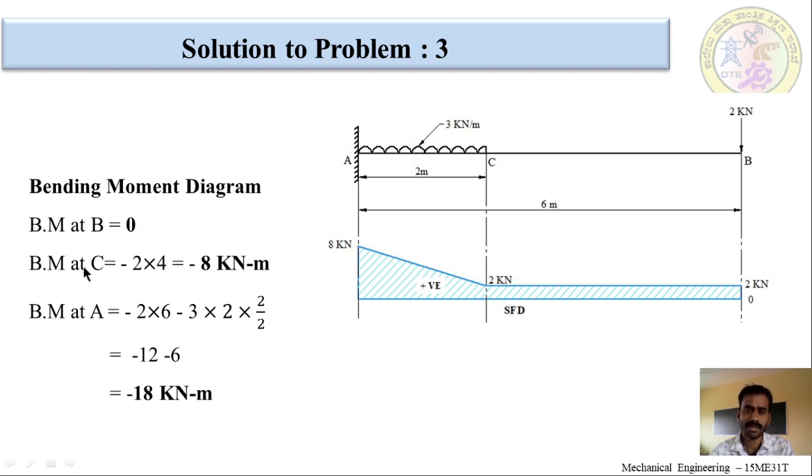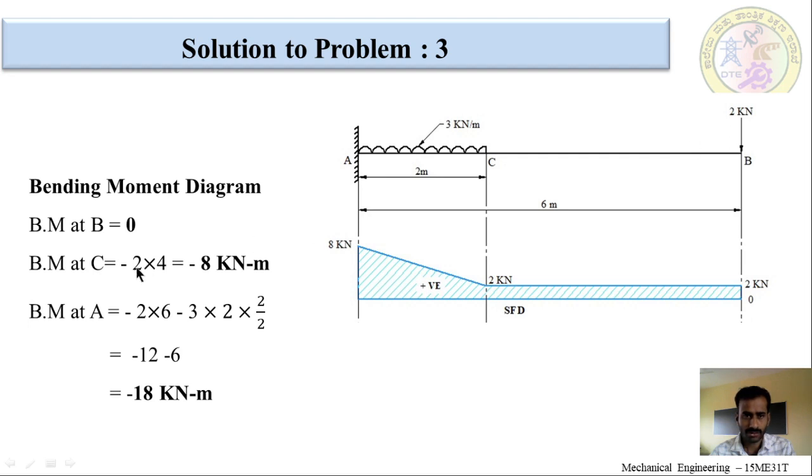So, now what is the bending moment at C? Bending moment at C can be calculated by considering the loads which are on the right side of the section, right side of the point C, that is only one load which is a 2 kilonewton load at the free end. So, as it is a hogging bending moment, due to the load the beam is trying to hog, we have to consider negative sign.